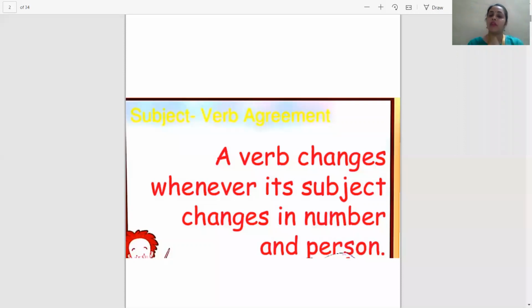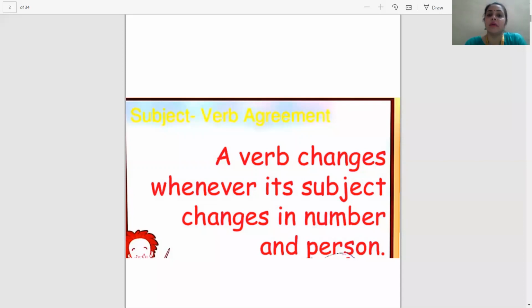For example, if I talk about I, or he or she or it, though I is sometimes taken as plural, he, she, it, any singular name, Rahul, Sanjay, Ananya or Aarti, all these names, even a ball or a fan or a pen, they all are singular subjects.